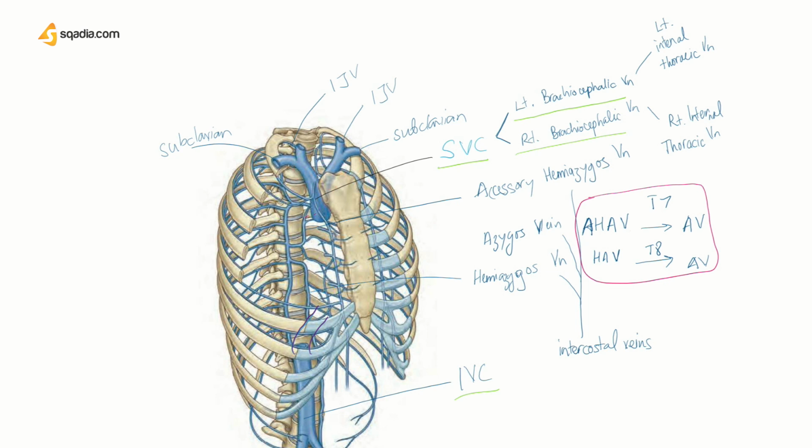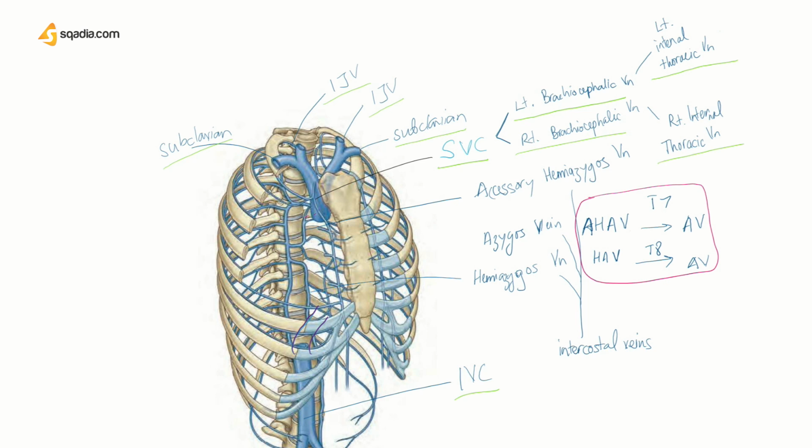Now the left and right brachiocephalic veins further divide into the subclavian veins and the internal jugular veins. The internal jugular veins pass on into the neck, and the subclavian veins pass on towards the axilla into the upper limbs. Left and right brachiocephalic veins also give off the internal thoracic veins.